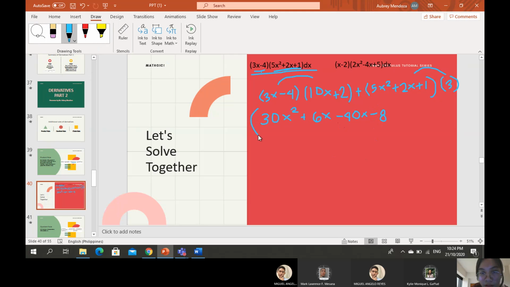There. Next is this one. So 3 times 5x squared is 15x squared.